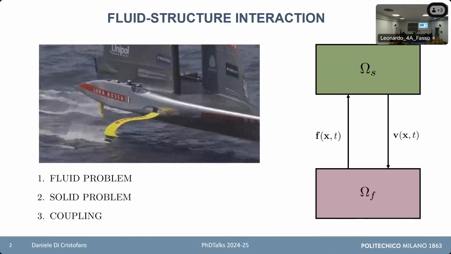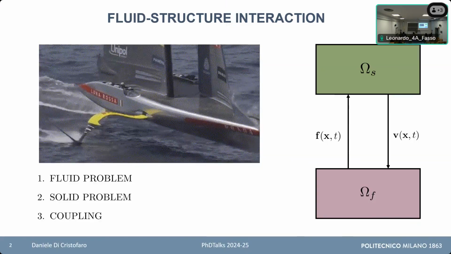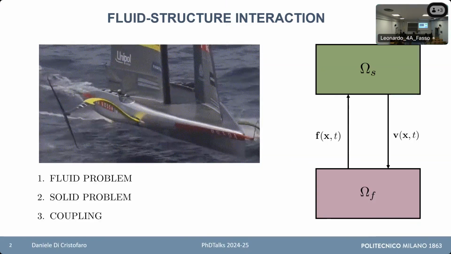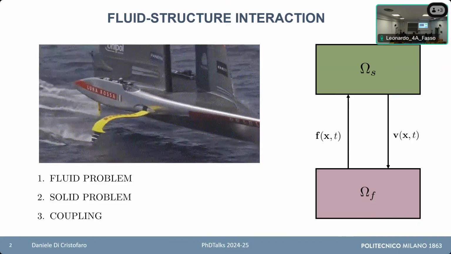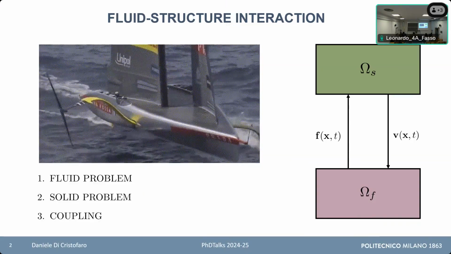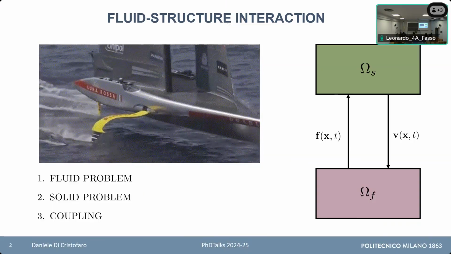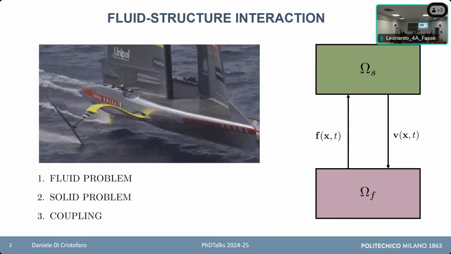Okay, in a fluid-structure interaction we have three main agents in action. There is the fluid problem, in this case the water, and there is the solid problem, in this case the ship, and lastly there is a coupling between these two problems, because they need to speak with each other. On the left there is a schematic representation.